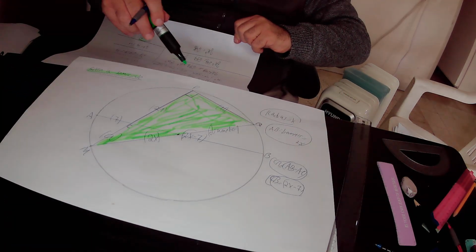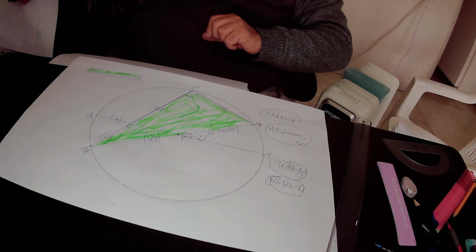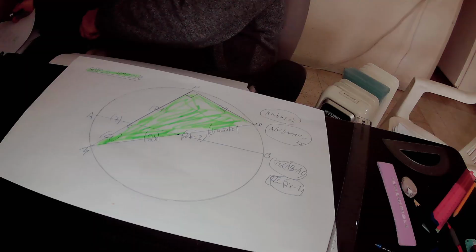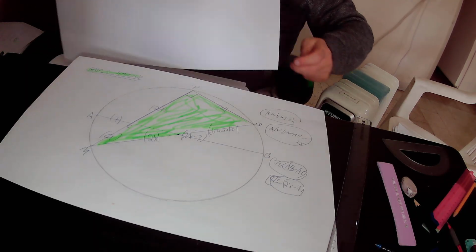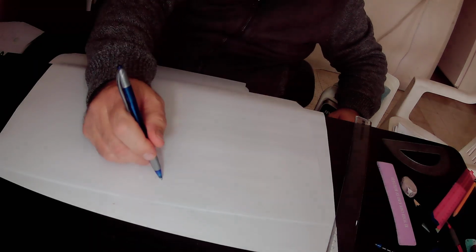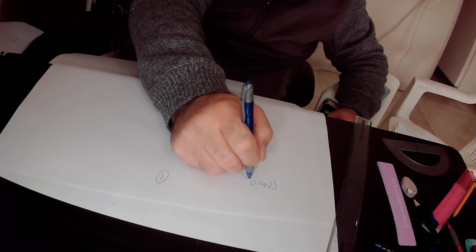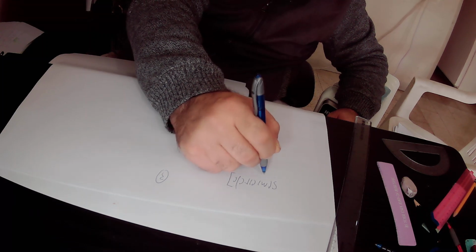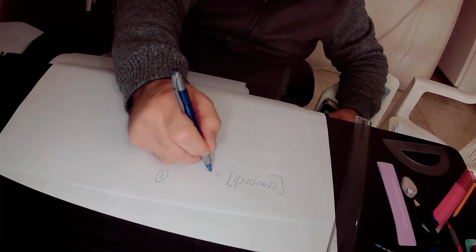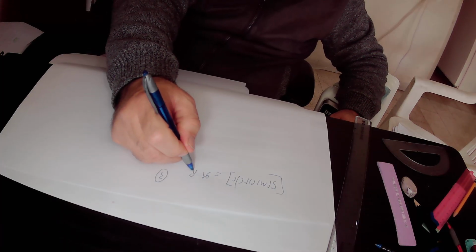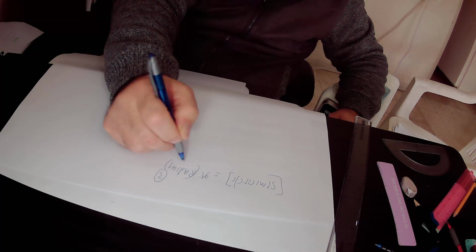Our task is to find out the area of this semicircle. So what is the area of the semicircle? Actually, we know that the area of any semicircle equals pi times the radius of the semicircle squared over 2.